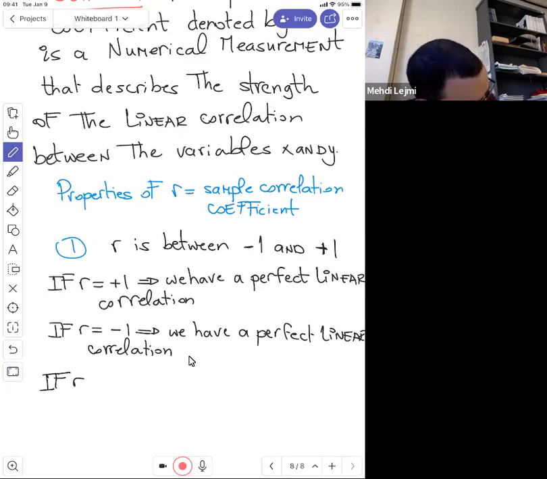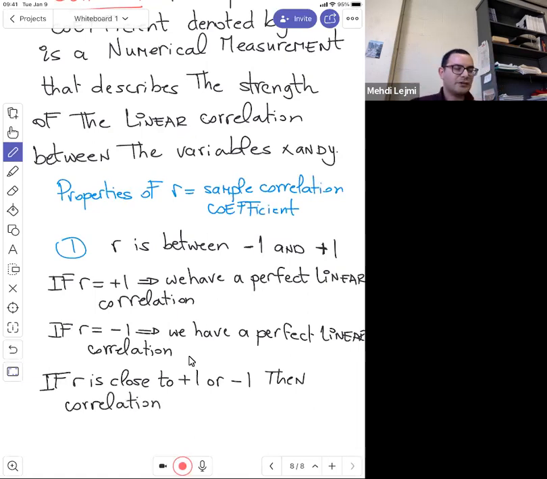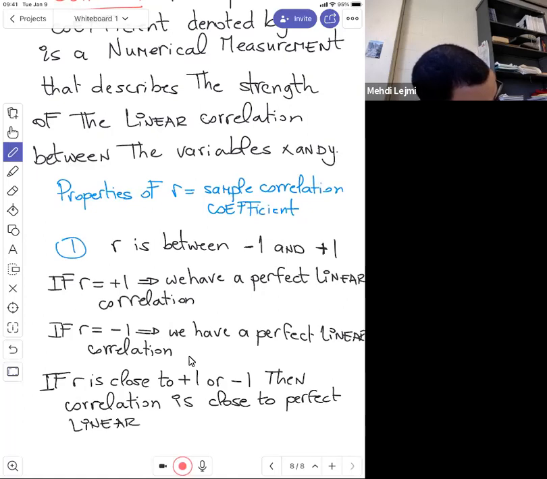But if R is very close to +1 or -1, then the relationship between X and Y is not a perfect linear correlation, but it's very close to a perfect linear correlation.